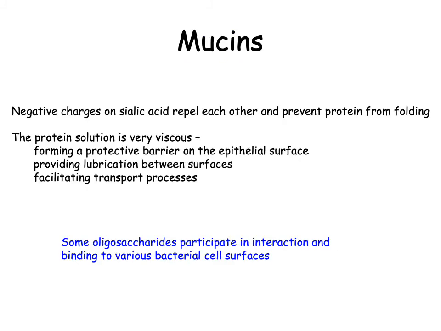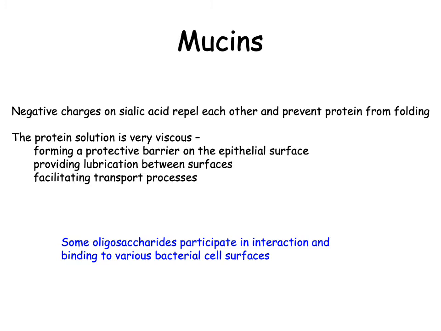So there's a lot of sialic acid on these so that they repel each other and sort of spread the mucin out. So this forms a very viscous layer on epithelial cells or in liquids like saliva.